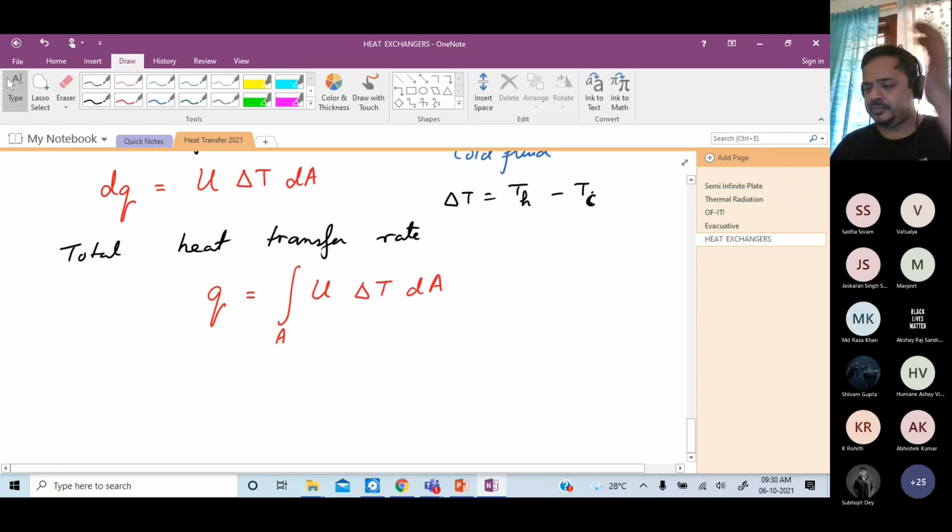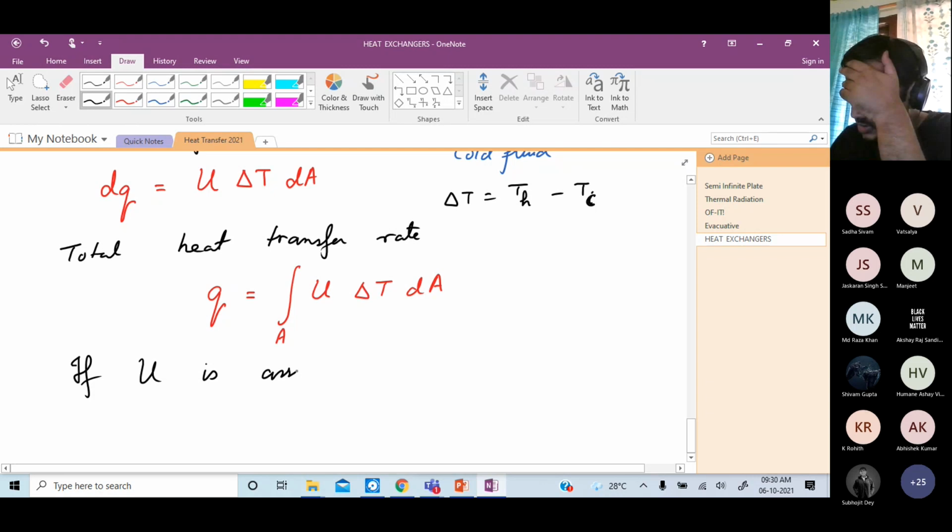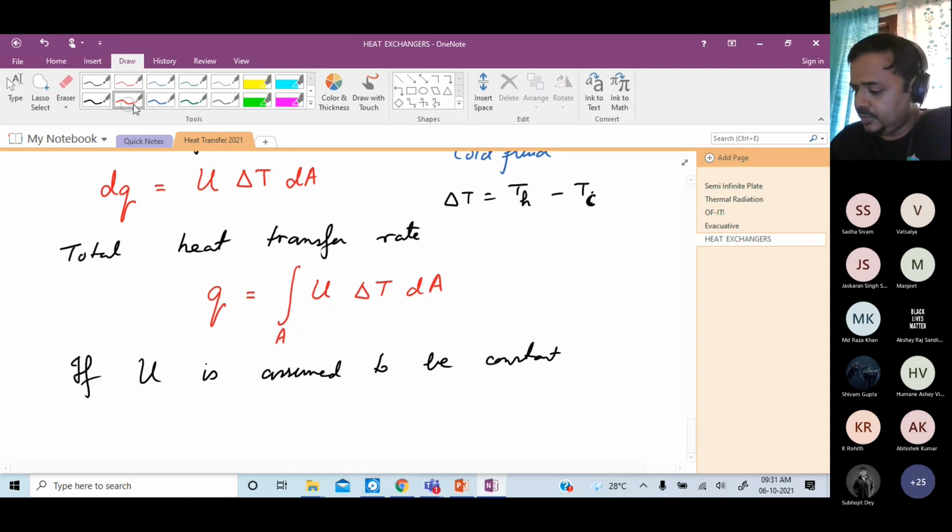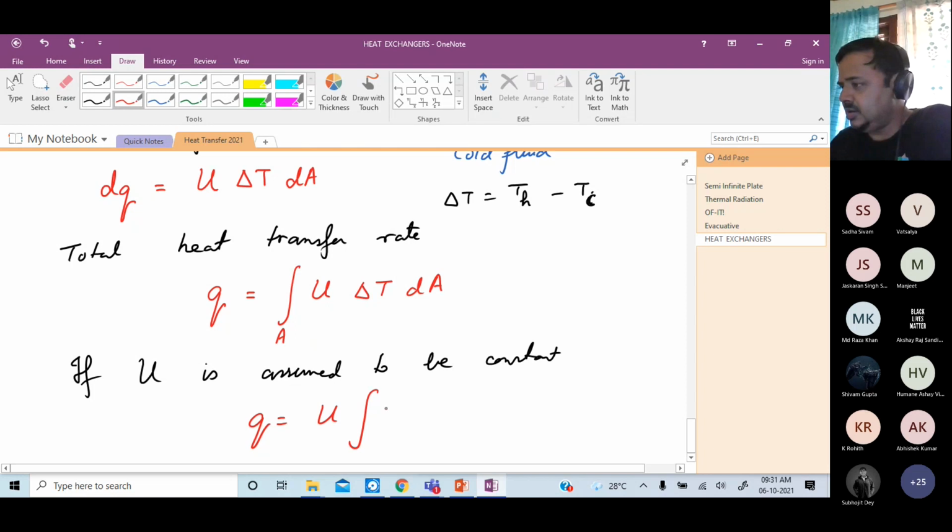If U is assumed to be constant, then Q is U times the integral of delta T dA.